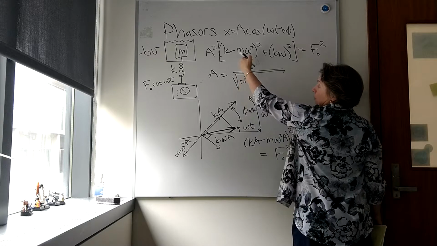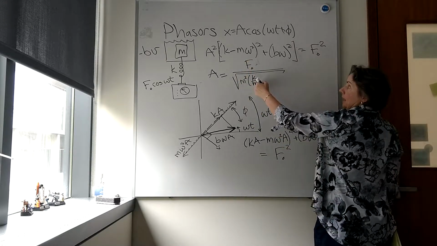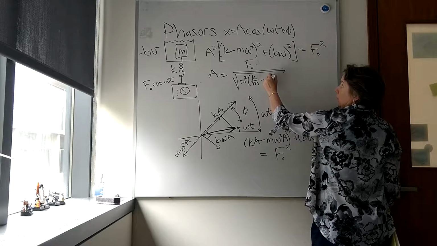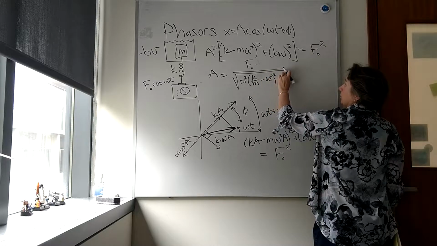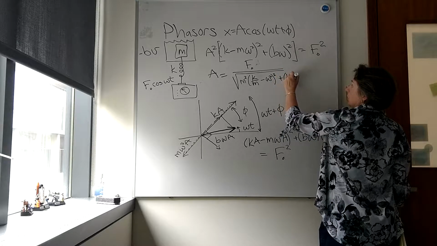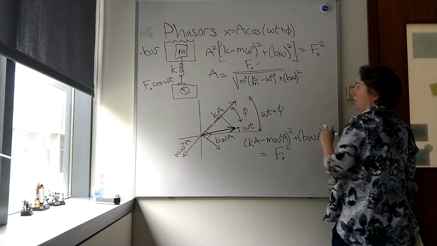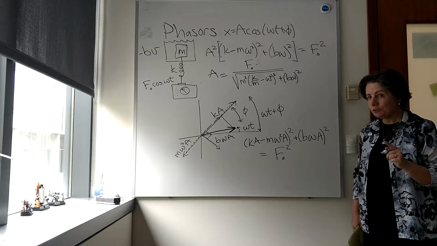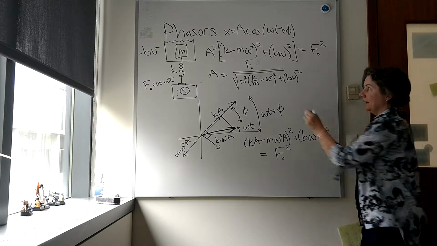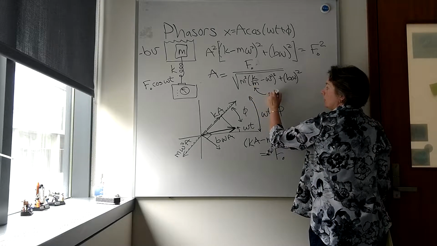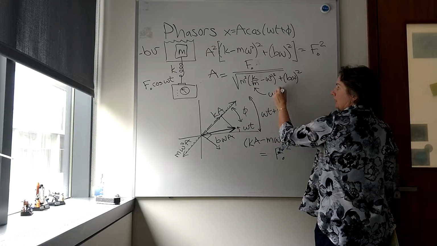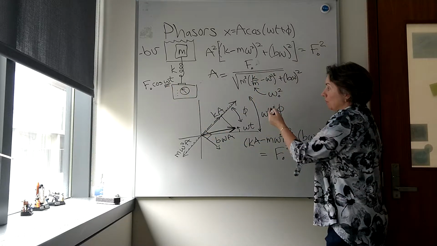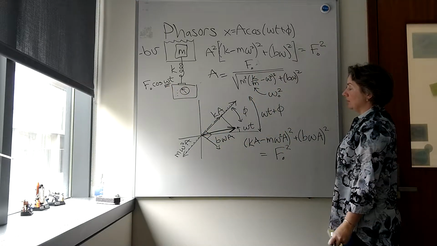In fact, I need to pull out an m squared, because it's a k over m minus an omega squared plus b omega squared. Wait a minute, k over m. You've seen that before. K over m is just the natural frequency of the thing squared. Omega is the actual driving frequency, but omega naught is just the natural frequency.